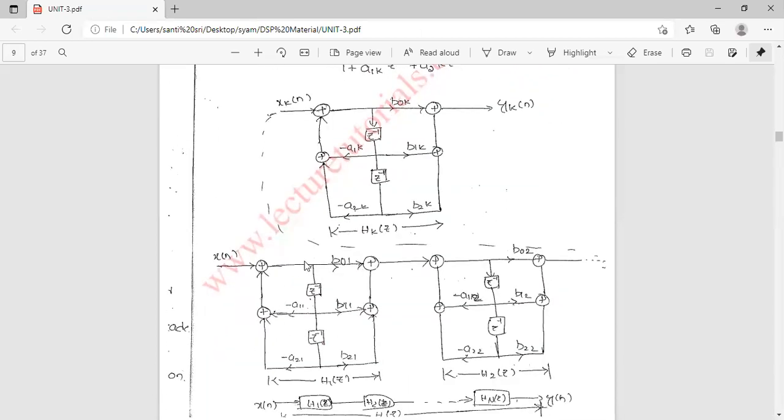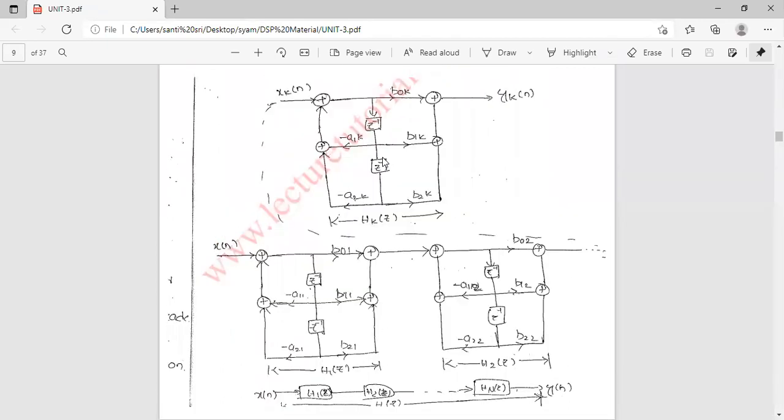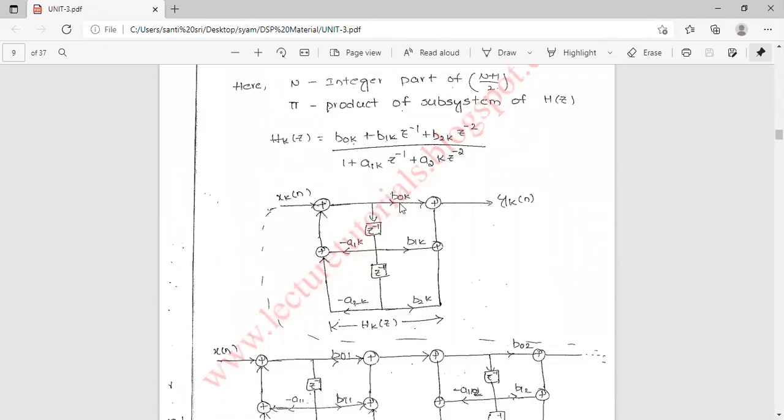Okay. So this is xk of n plus a1 into k plus b naught of k, b naught of k plus b1k into z power minus 1 plus b2 into z power minus 2. This is the numerator part.